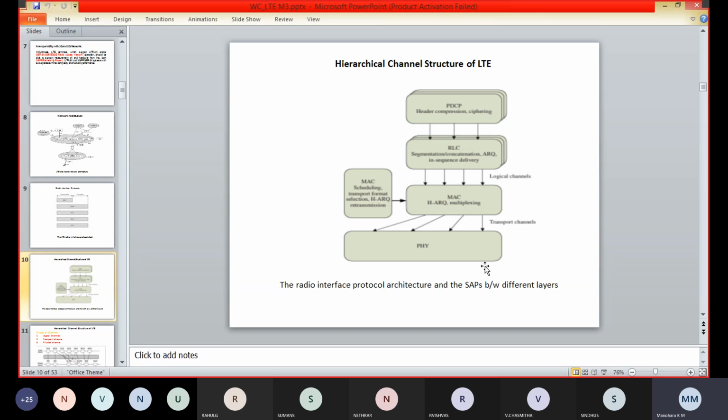The description of the different channel types and the channel mapping between the different protocol layers provides an intuitive manner to understand the data flow of the different services in LTE, which will build the foundation to understand the detailed processing procedures of LTE. So here, the logical channels.